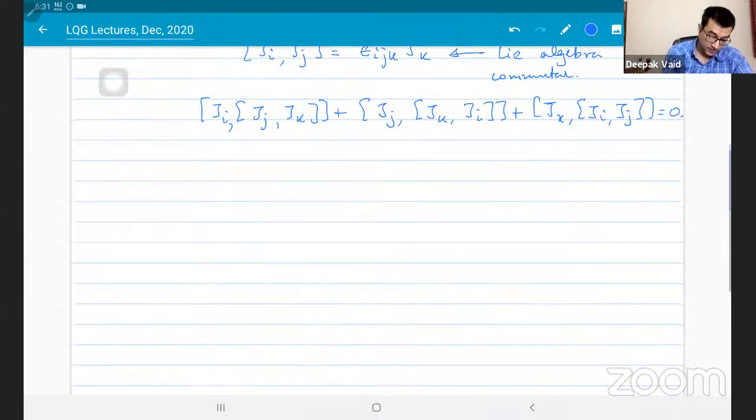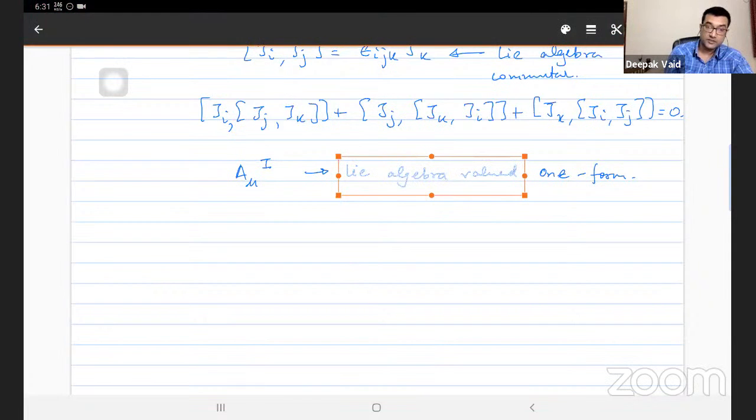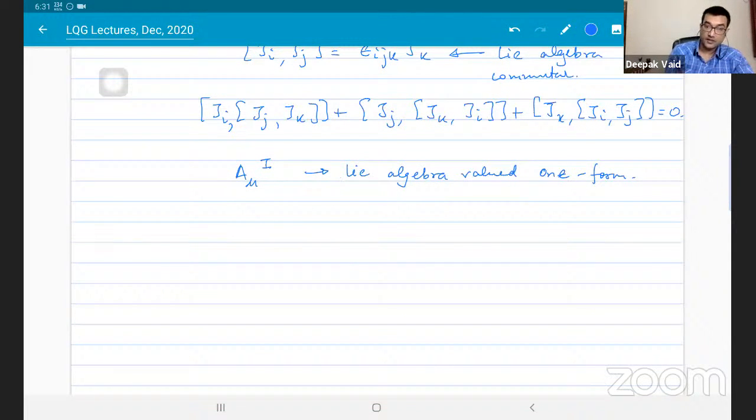If we define our gauge connection in this way, the technical name given to it is a Lie algebra valued one form. First of all, it's a one form simply because it has one covariant spacetime index, and it's Lie algebra valued because it takes values in the Lie algebra of your group.